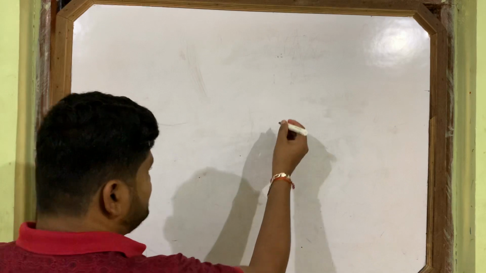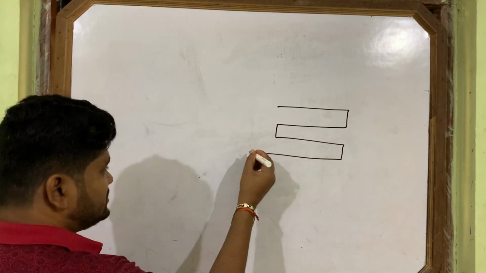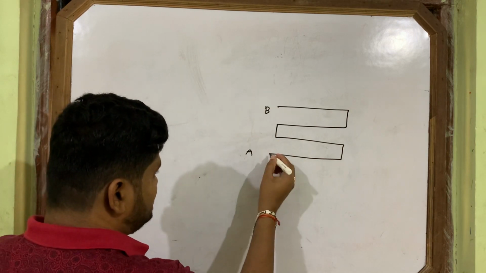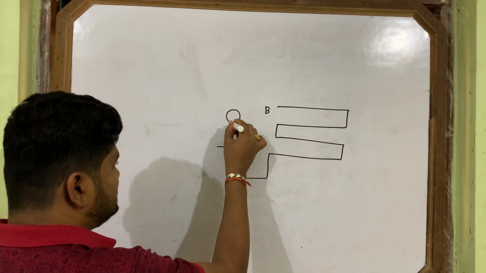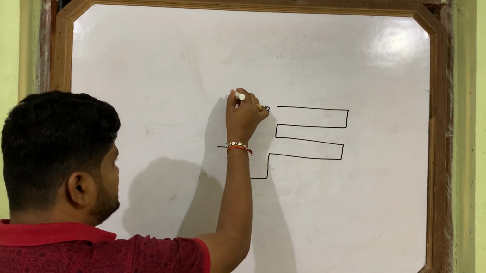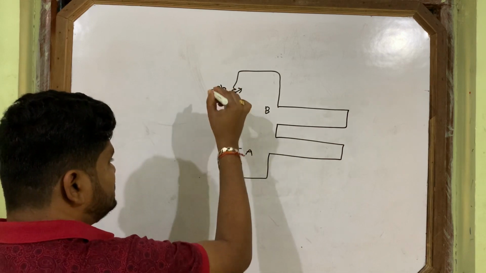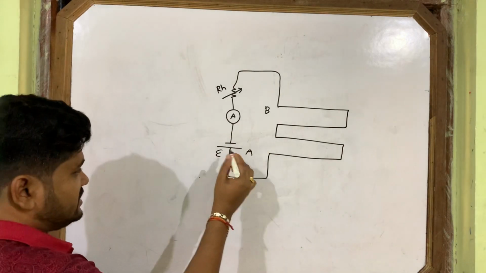Let's draw the potentiometer diagram. We drew it in the previous class. This is the potentiometer wire AB. Then we connect one driver cell, then an ammeter, then a rheostat. I told you this part is the auxiliary circuit, and this is called the driver cell.